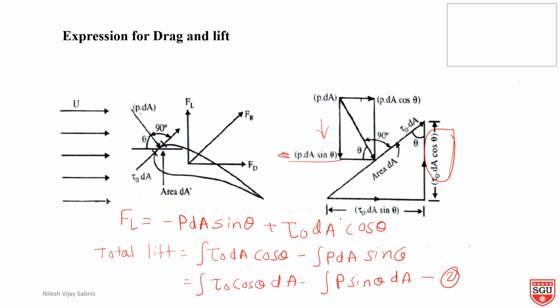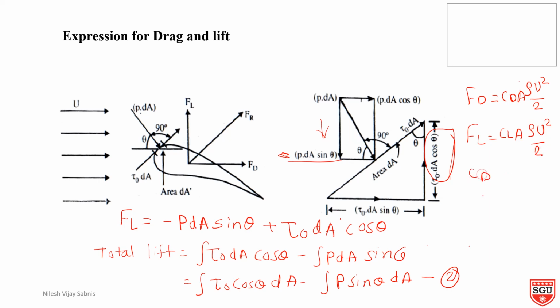The drag and lift for a body moving in a fluid of density rho at uniform velocity u are calculated by the next formula: FD is equal to CD into area into rho u square upon 2, and FL is equal to CL into area into rho u square upon 2.